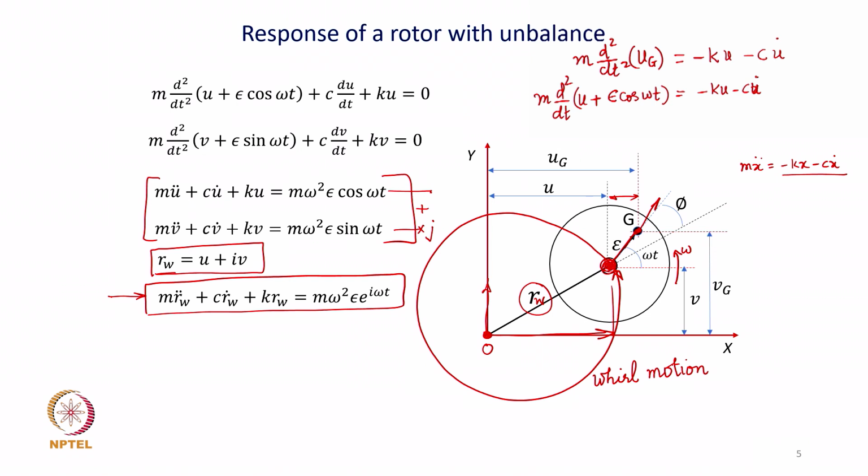Now, the way we have done the solution is very straightforward. We have done it umpteen number of times. We assume a harmonic response with the same frequency as the spinning frequency. Why is that so? Because the unbalance is going to excite the system at the speed of rotation, so we assume a response with amplitude capital R, e to the power j omega t minus phi.